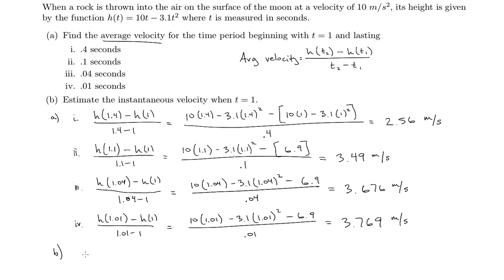So instantaneous velocity at t equals 1, we'll say is approximately 3.8. Okay, that's our estimation. Because it looks like these are kind of getting bigger and closer to 3.8.